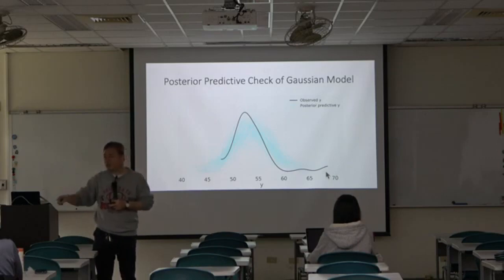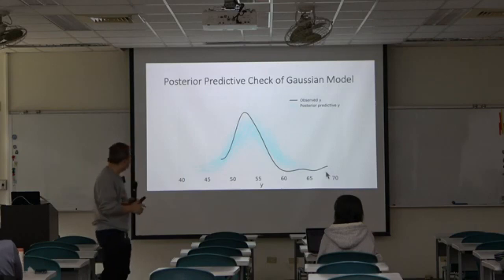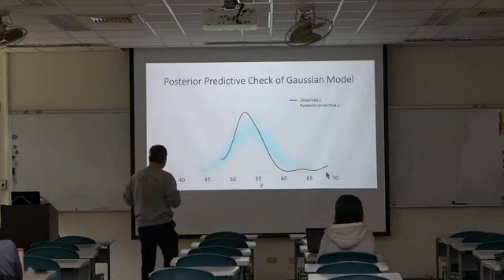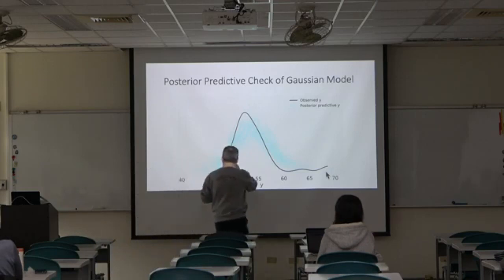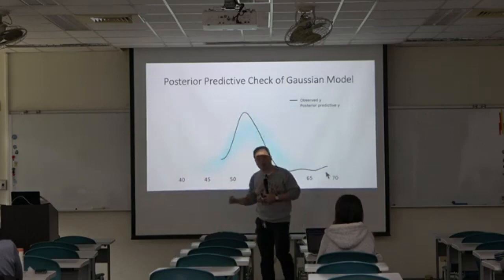Once you have sampled your sigma and your mu from the likelihood and you draw your data into a line, it is always going to be a bell shape.